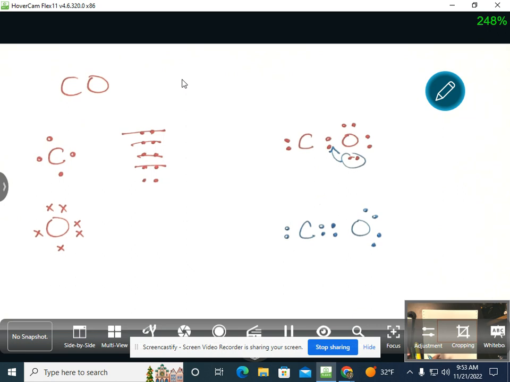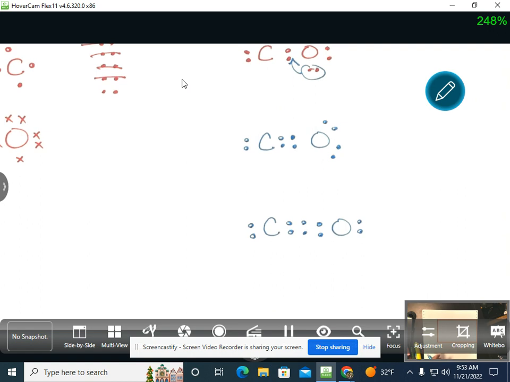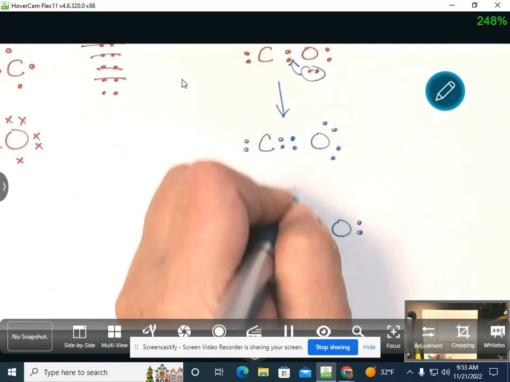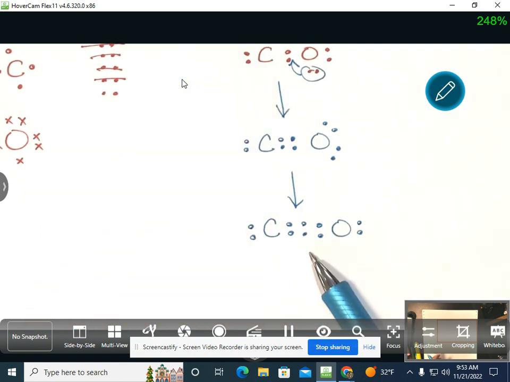Do you see what just happened there? Am I done? No. So what has to happen next? Another set has to shift in. So what kind of bond is there? So this is the first step. So what kind of bond is this now?